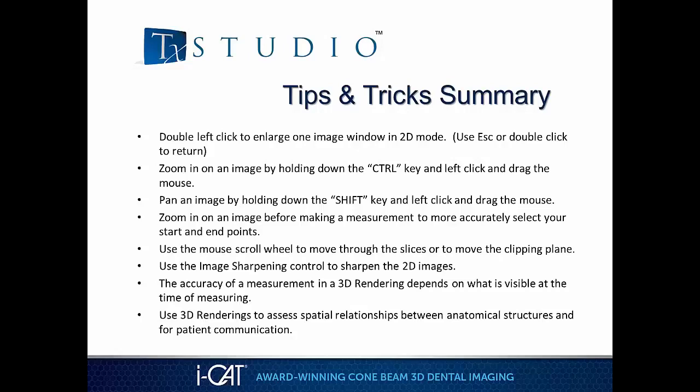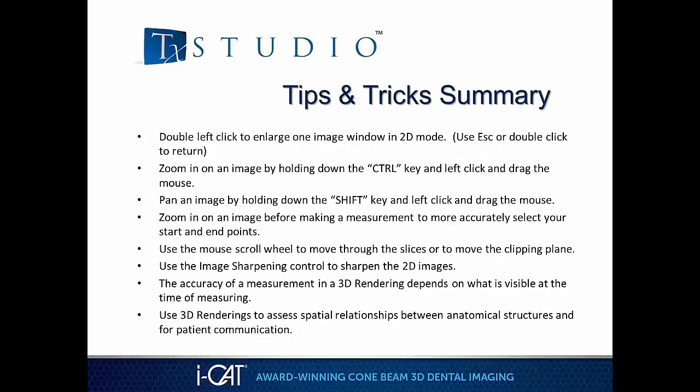We can zoom in on an image before making a measurement to more accurately select your start and end points. We can use the mouse scroll wheel to move through the slices or to move through the clipping plane. We can use the image sharpening control to sharpen the 2D images. And the accuracy of measurement in a 3D rendering depends on what is visible at the time of measuring.